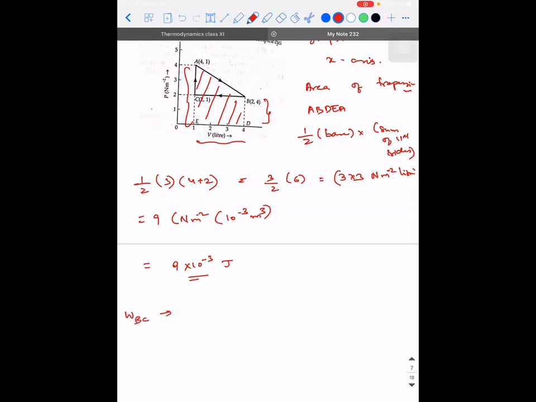So what is the work done from B to C? That is P into delta V. So B to C is what kind of a process, guys?